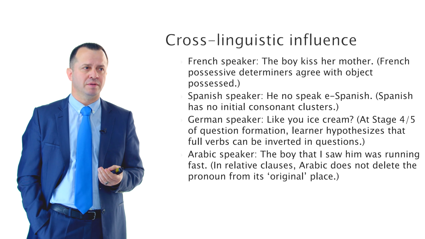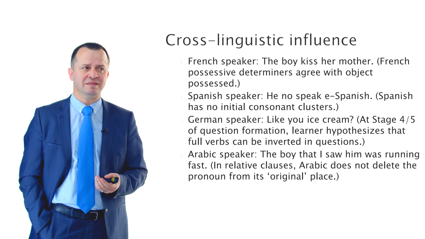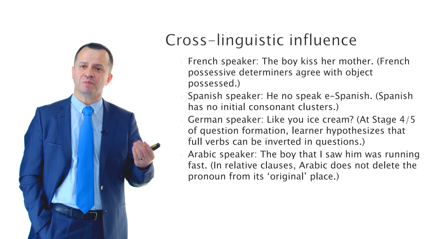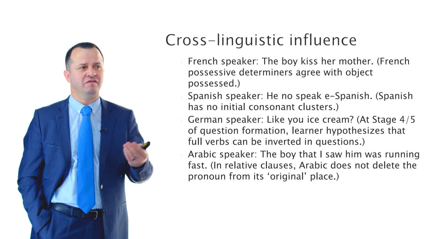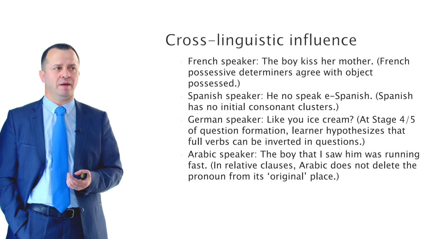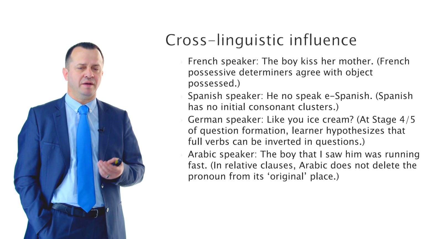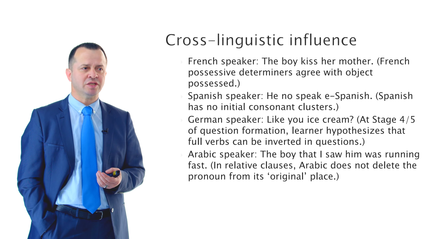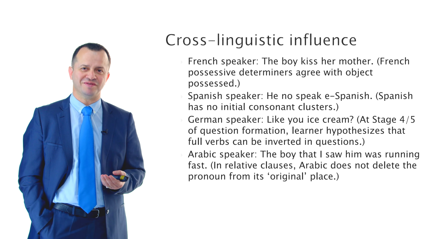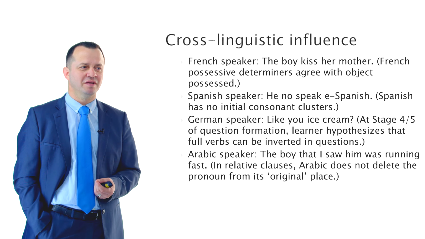He needs to say in English, the boy kissed what? His mother, right? But in French or in Russian, they will use her instead of his. And now we have the Spanish speaker. Spanish has no initial consonant cluster. That's why even when writing in English, they will say E-Spanish.